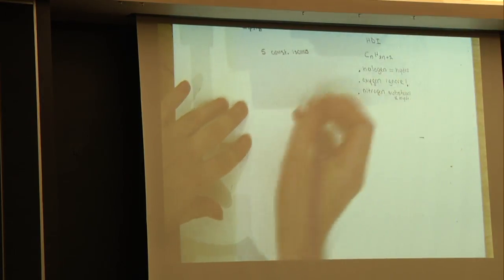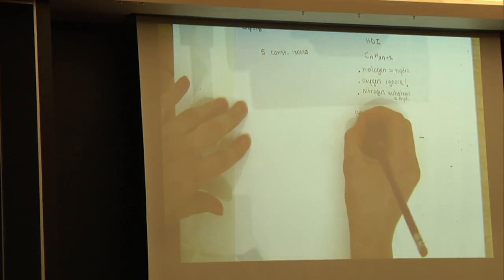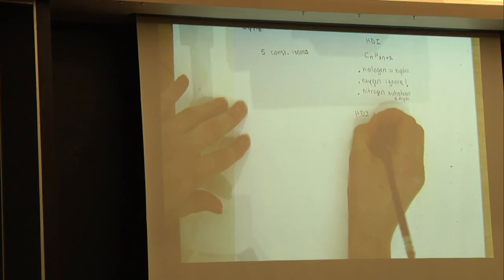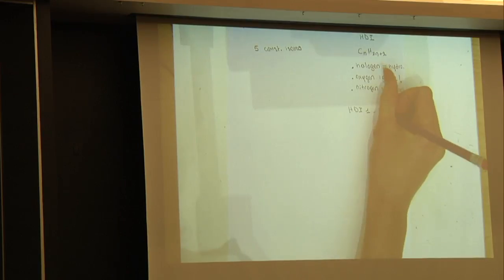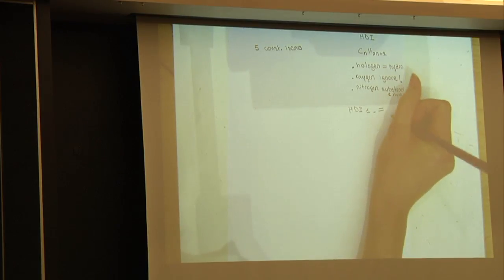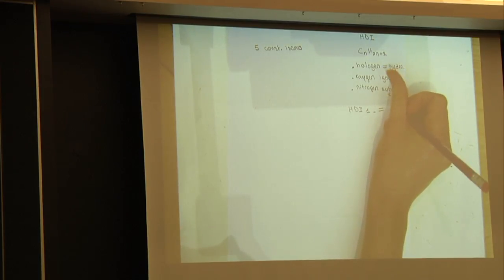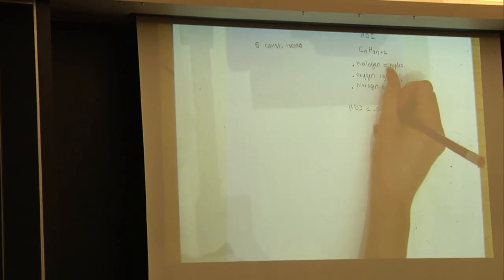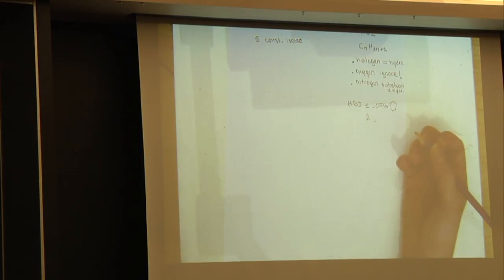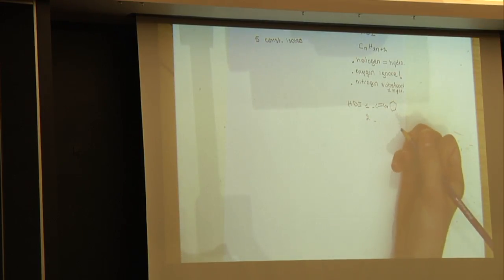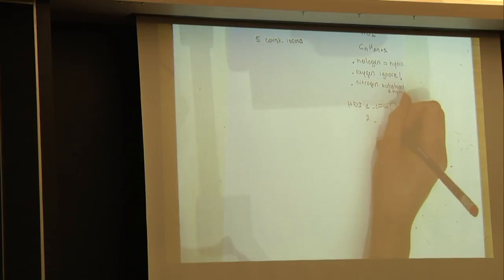Now, if I have an HDI of 1, that indicates the presence of either a carbon-carbon double bond or a ring, right? CC or a ring. If I have an HDI of 2, then I could have a ring and a double bond.